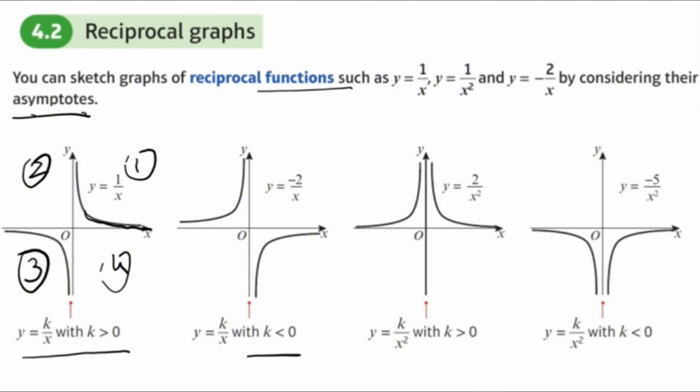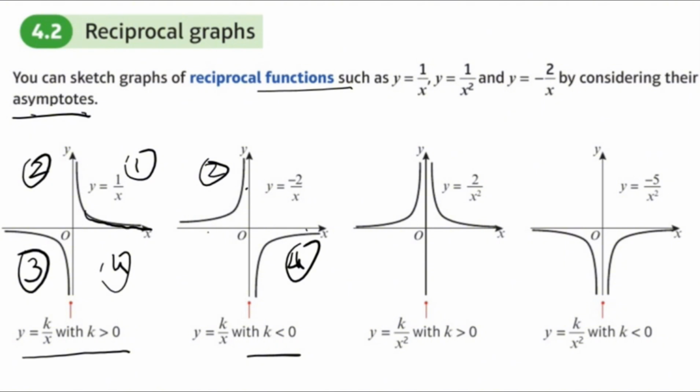When your k is negative, less than 0, then your graph is in the second and the fourth quadrant. Why? Because in this quadrant x is negative, y is positive. Here x is positive, y is negative. So that will give you the negative value.